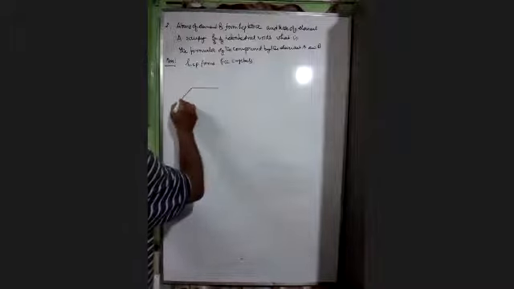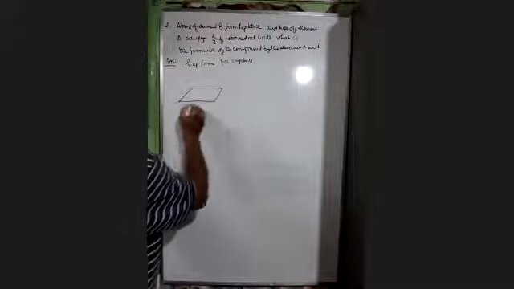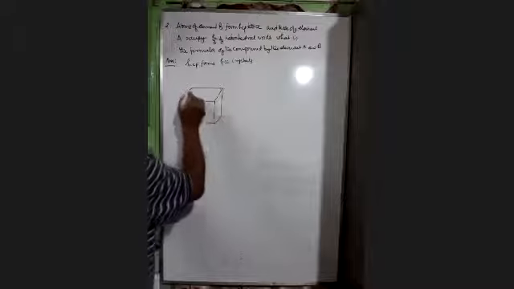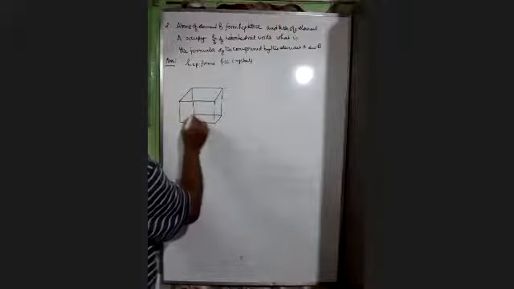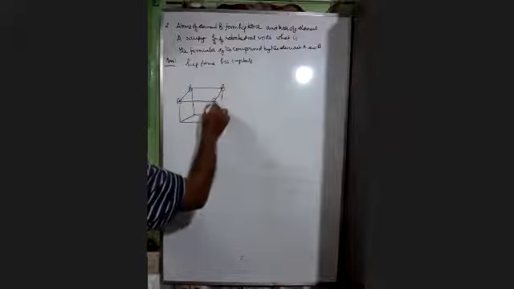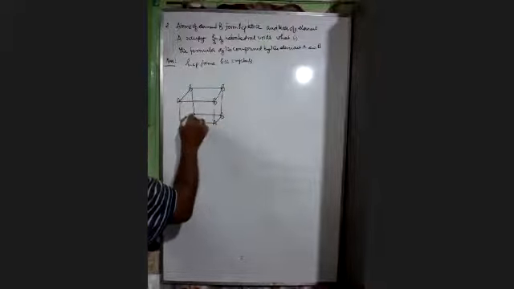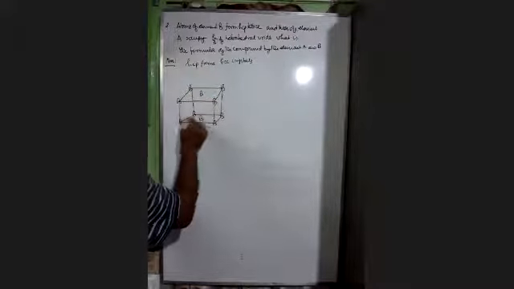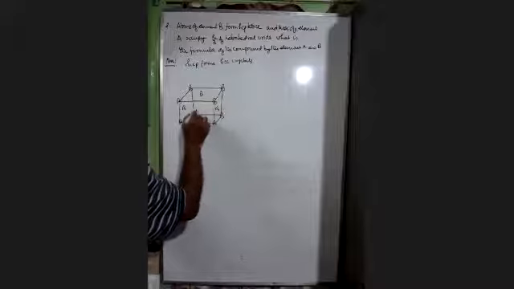So I'll draw. See here. Who has formed the crystal? B. How many lattice points are there? 14 lattice points are there. 8 at the corners and 6 at the faces: top, bottom, left, right, front, and back.